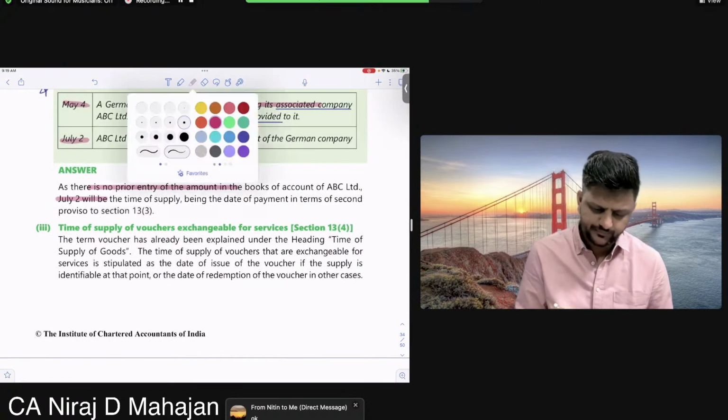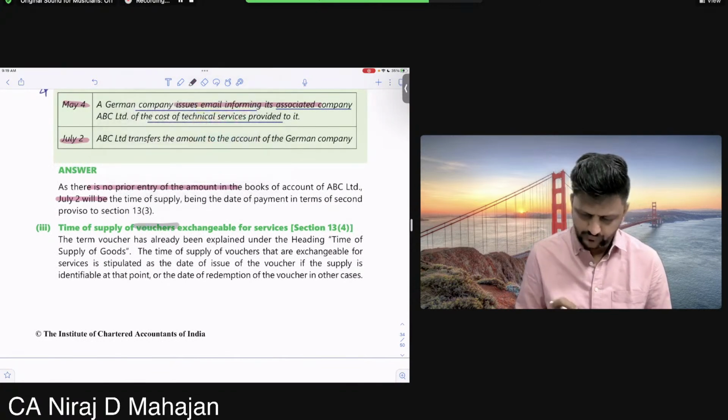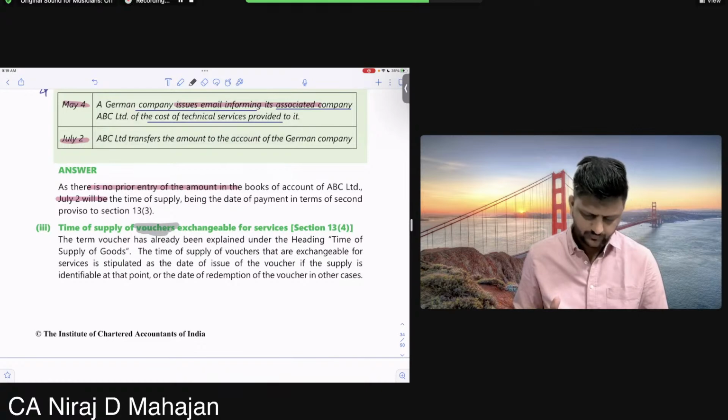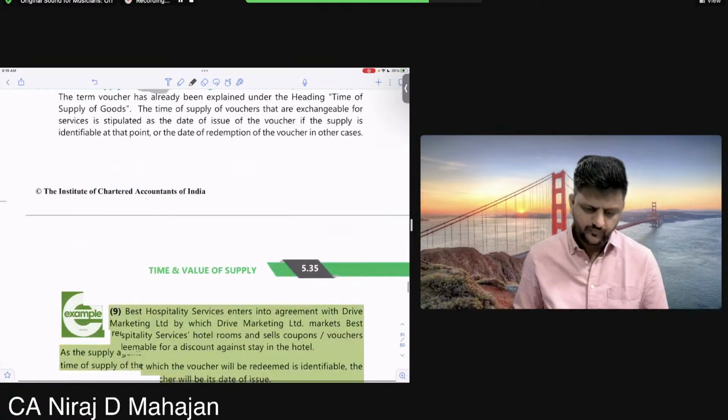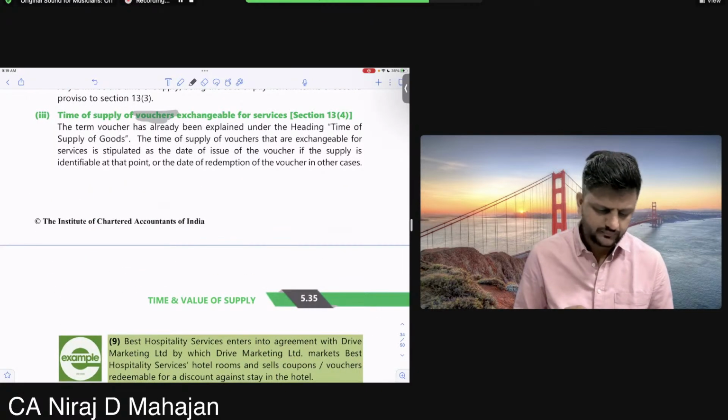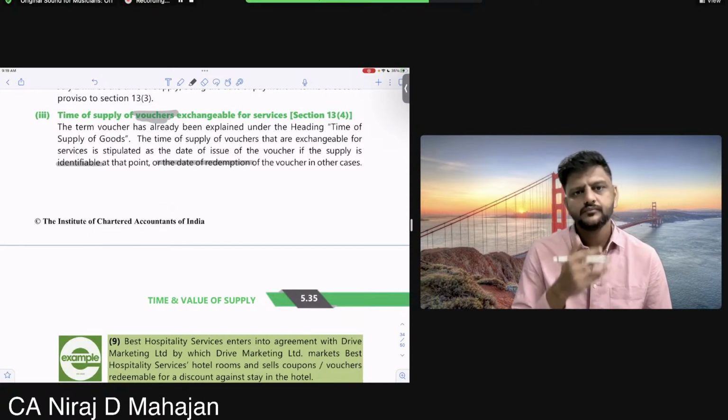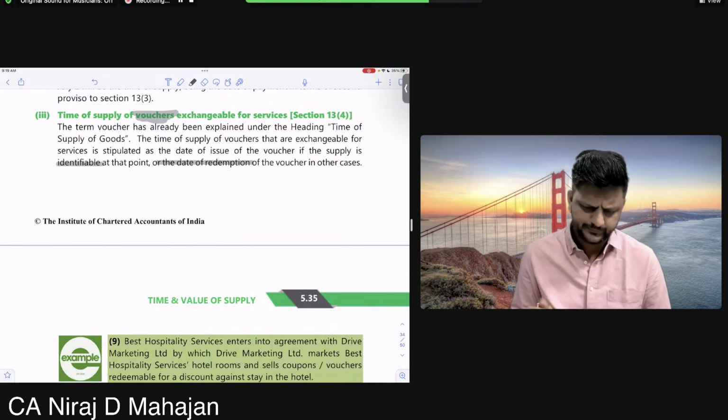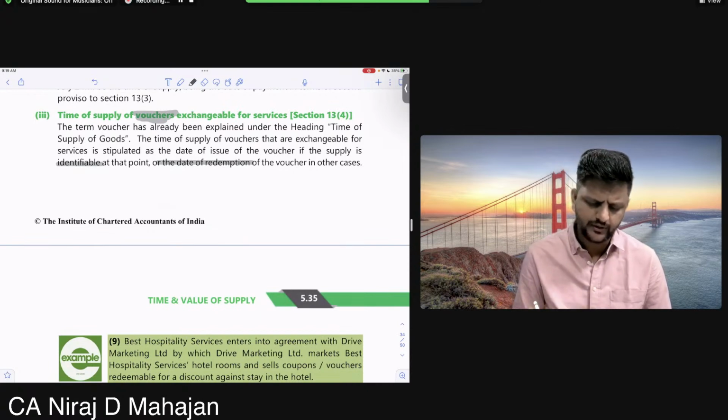Vouchers, same example, same logic. Date of redemption, if identifiable, or the date of issue in other cases.